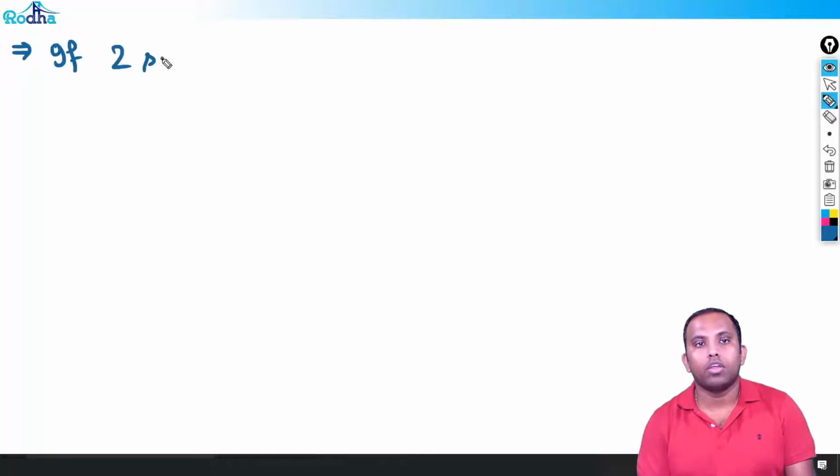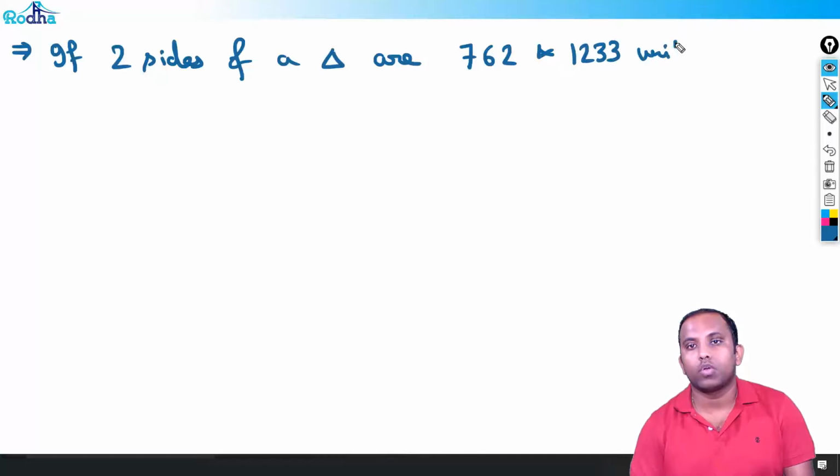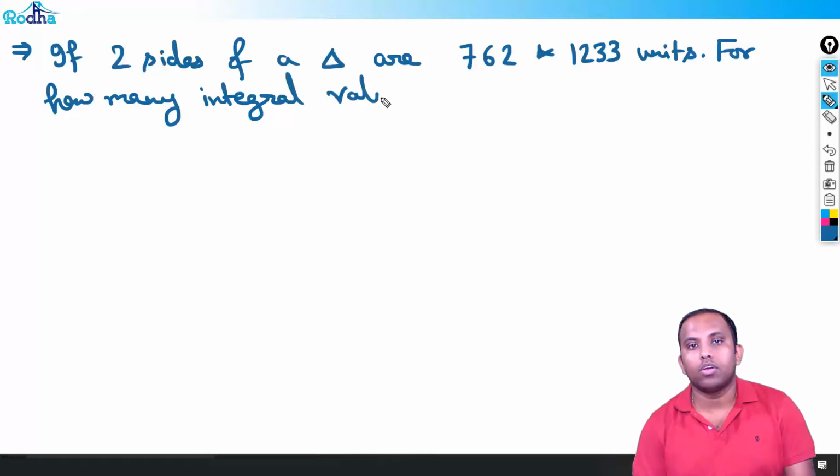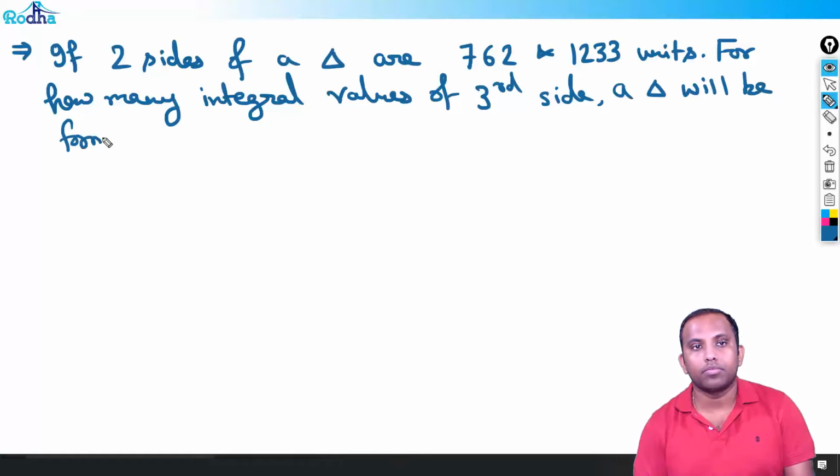If two sides of a triangle are 762 and 1233 units, for how many integral values of the third side will a triangle be formed? Okay, so I can directly write: let the third side be x.